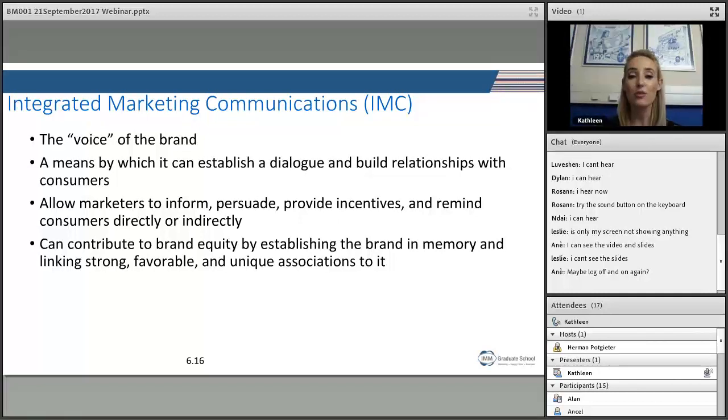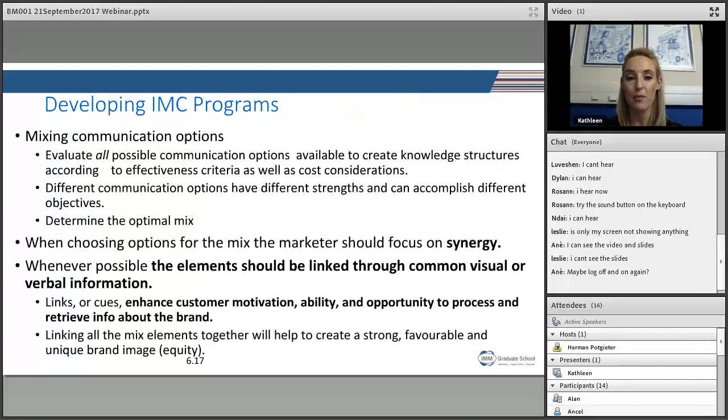And we can contribute to our brand equity by using our integrated marketing communications to establish a strong connection in our customers' memory with our brand, and to also encourage those strong, favorable, and unique brand associations. And remember we said strong, favorable, unique is linked to brand image.